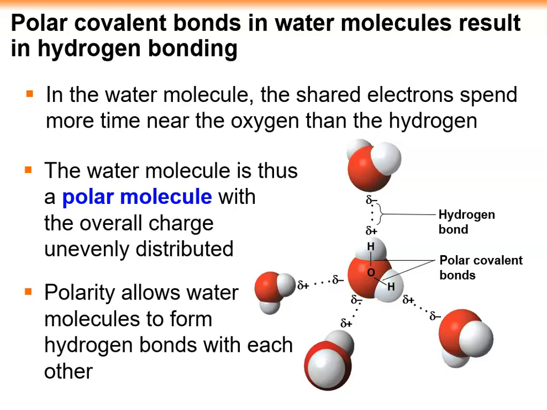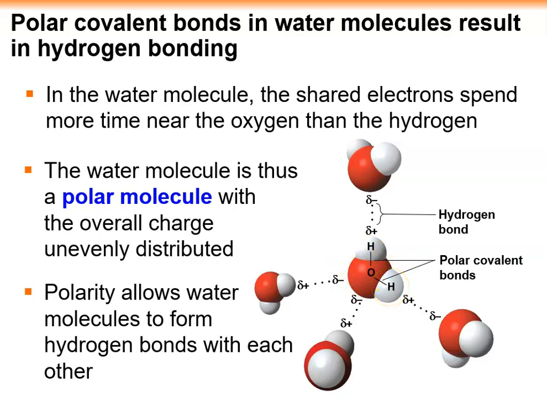It means that oxygen is like your mean older brother and is sharing with you, but isn't sharing evenly. If you are an electron being shared, you go around oxygen once, around hydrogen, around oxygen, around hydrogen. But it's not even. It's oxygen, oxygen, oxygen, hydrogen, oxygen, oxygen, oxygen, hydrogen.